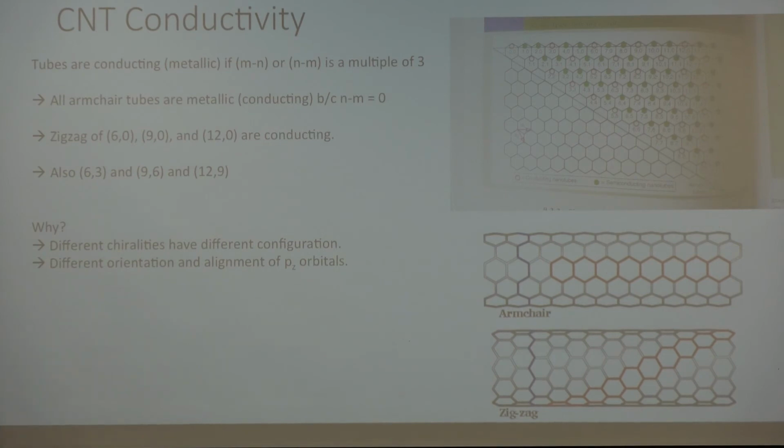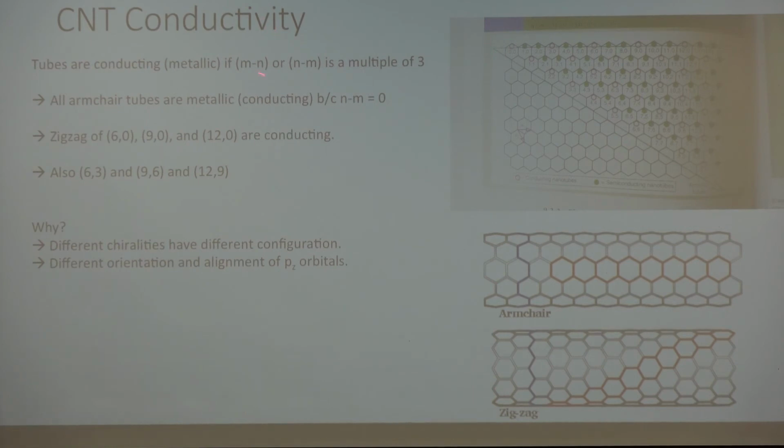different configurations, right, and different degrees of overlapping of the pz orbitals. And it just turns out, without spending a whole period on the Bloch function to show this analytically, that as the orientation and alignment of the pz orbitals change, you can decrease or increase the band gap.